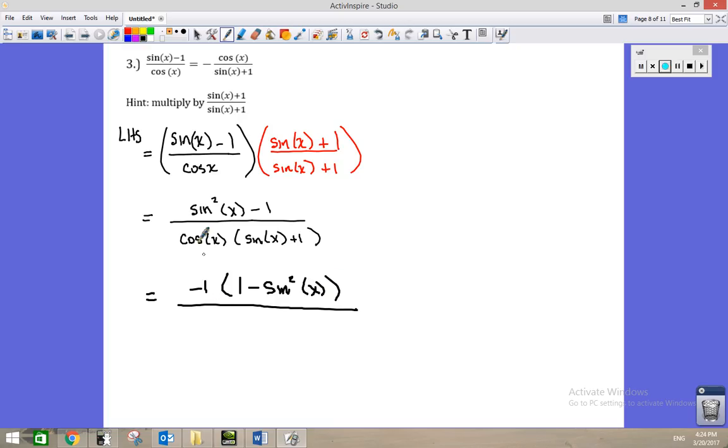So I'm not multiplying by negative 1, I am in a sense, but I can't just come in and multiply a fraction by negative 1, but I can factor out a negative 1 from both of these terms. So now I have cosine of x and sine of x plus 1.